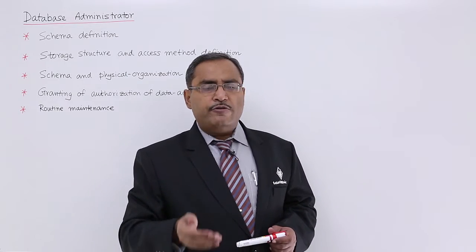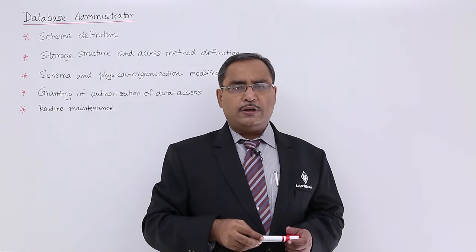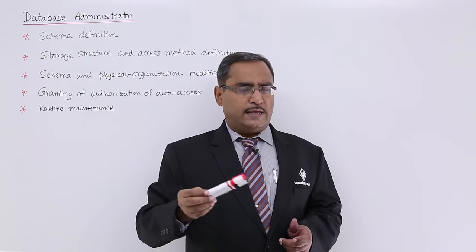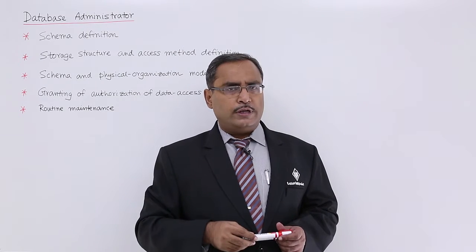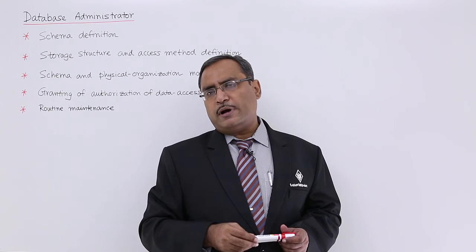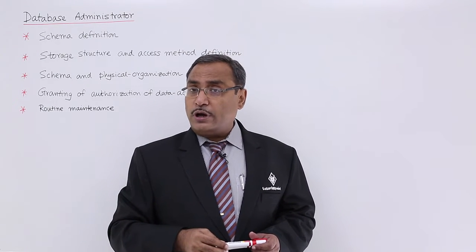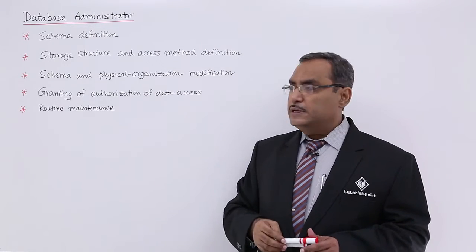So grant and revoke. Grant means we are giving the permission to the user to do that particular operation on a certain schema or table. Revoke means you are taking away that authorization from the user, so the user cannot do that operation on that particular schema. That sort of authorization, granting and revoking, will be done by this database administrator.